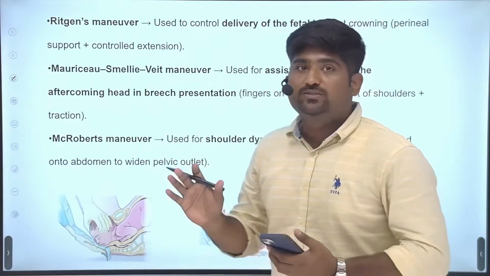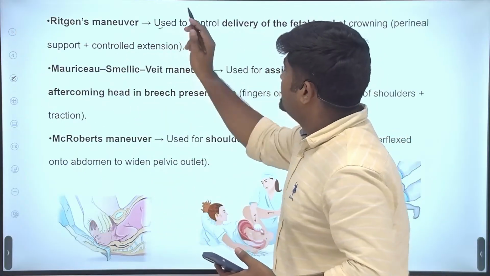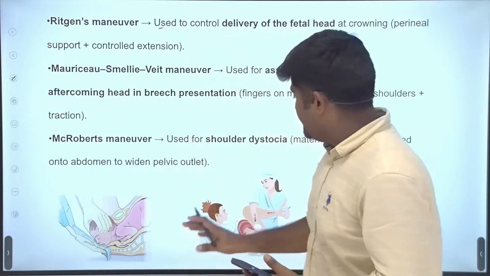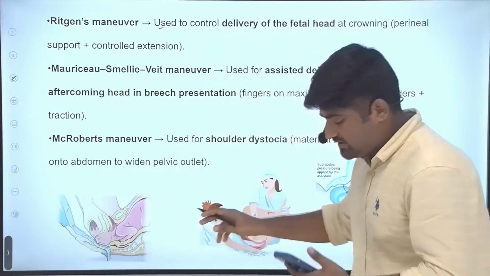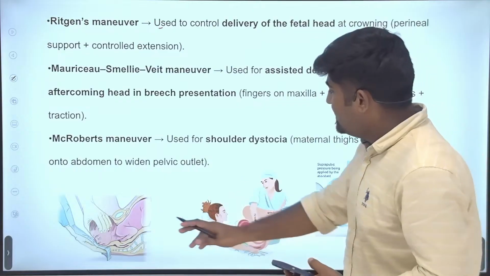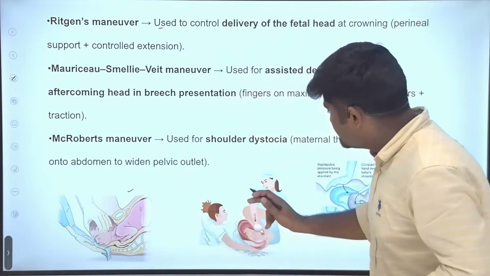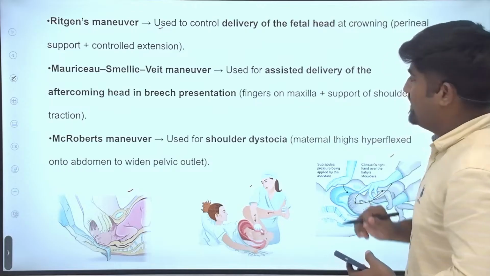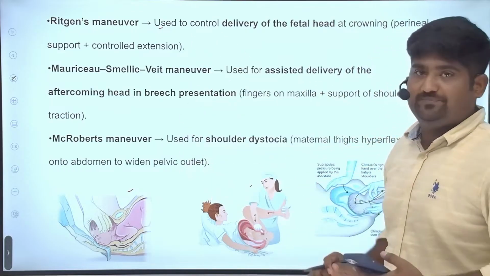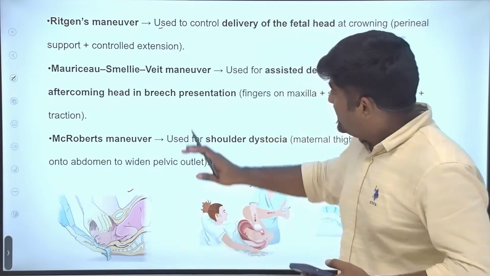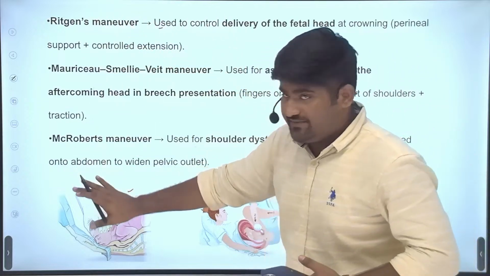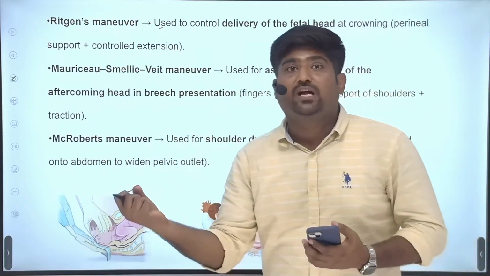So coming to the Ritgen maneuver, it is used to control the delivery. Here you can see 3 images. I hope these images are visible. Now tell me which maneuver is this, which is this, and which is this. In the Ritgen maneuver, we are having controlled extension.